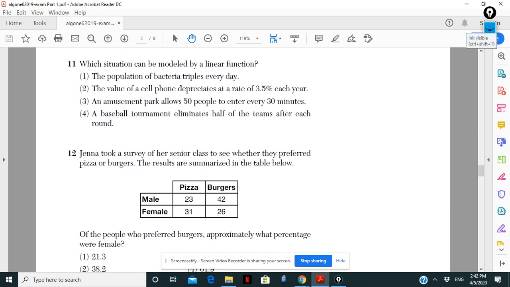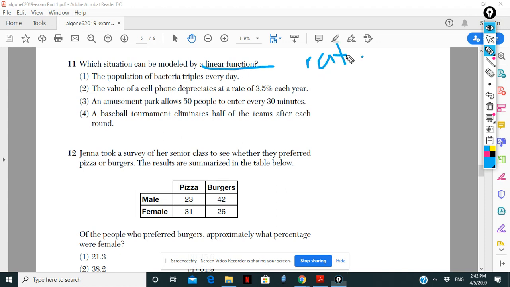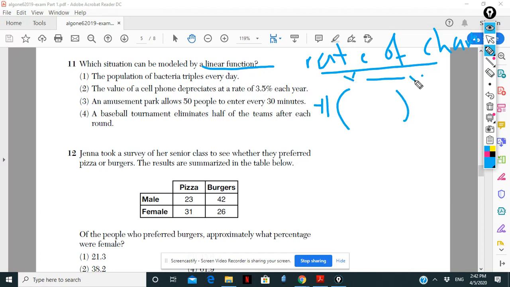Question number 11. Which situation can be modeled by a linear function? Linear function means I have a rate of change. Means if you add 1 for the x and for the y, for example, 5, so I added 1, I added 5. That's a fixed rate. So the population of bacteria tripled, I multiplied, I didn't add, so this one is not correct.